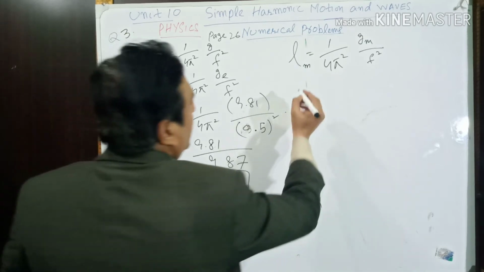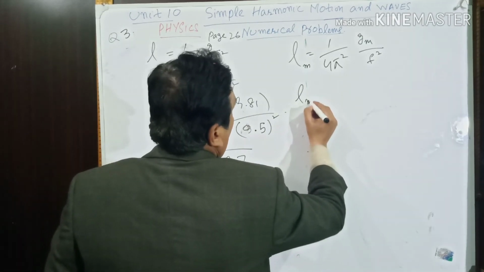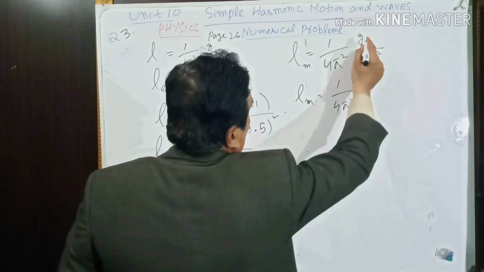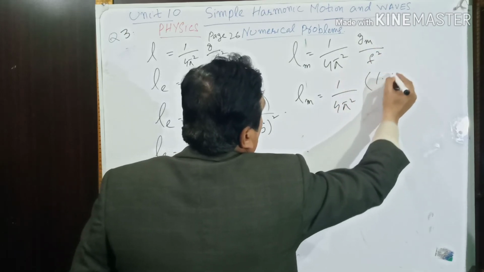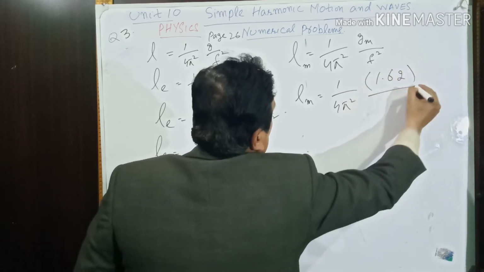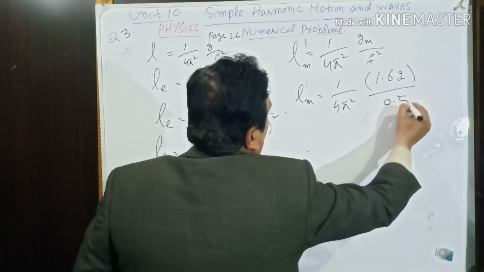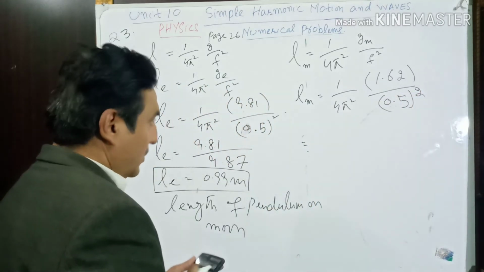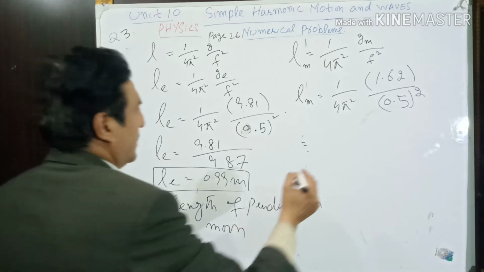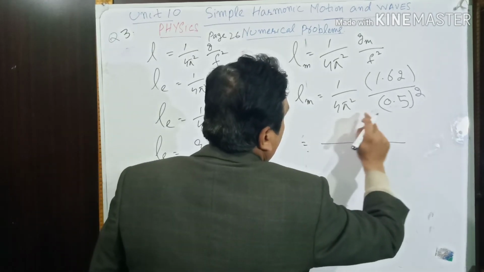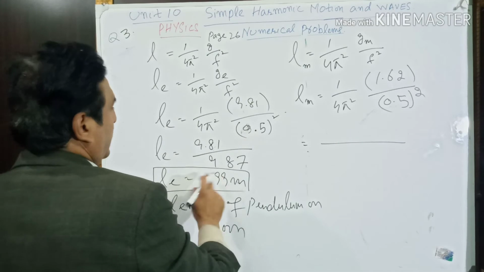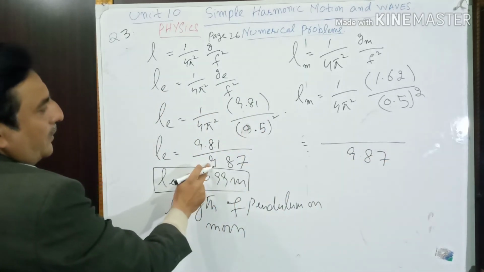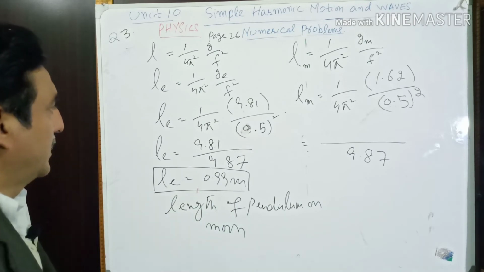Now putting the values. 1 by 4 pi square, the value of g on moon is 1.62, frequency is 0.5 and square. When we multiply these three values, we get 9.87, same as we got here.